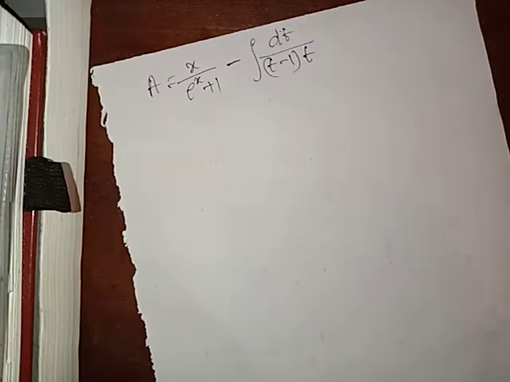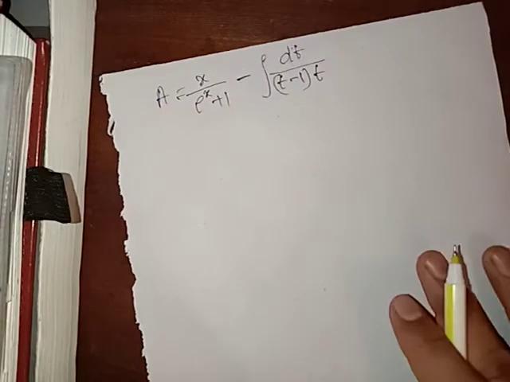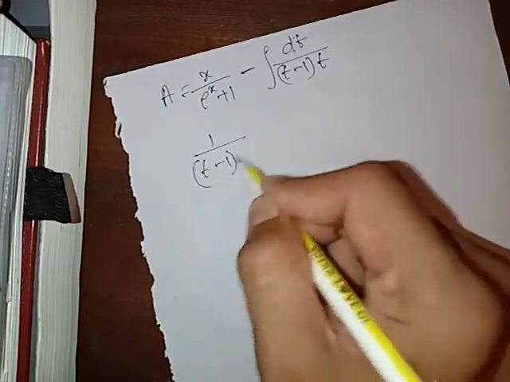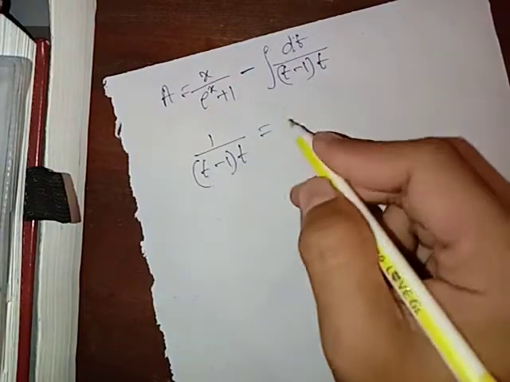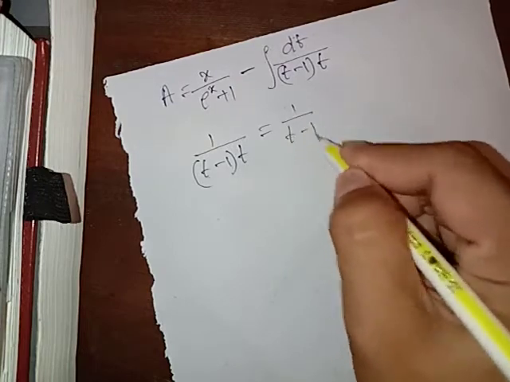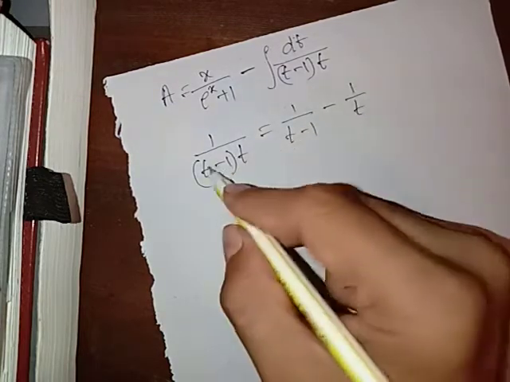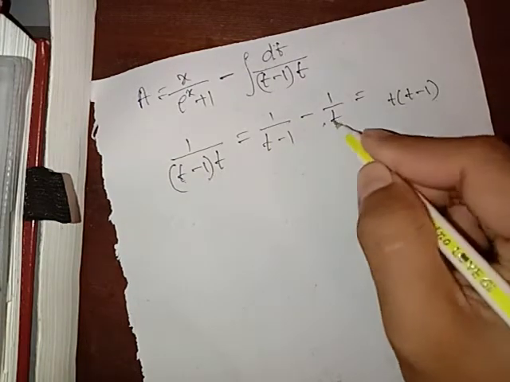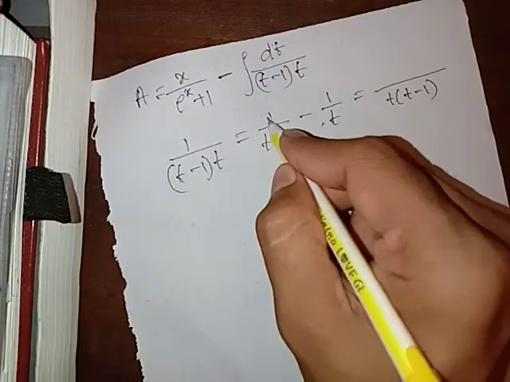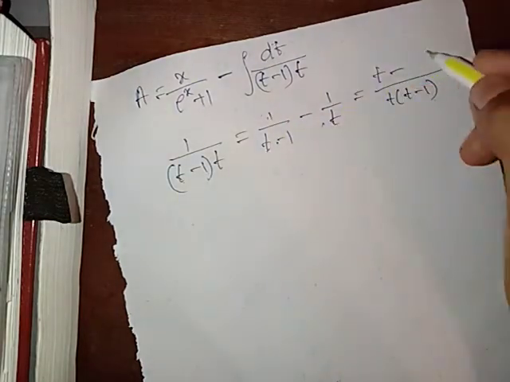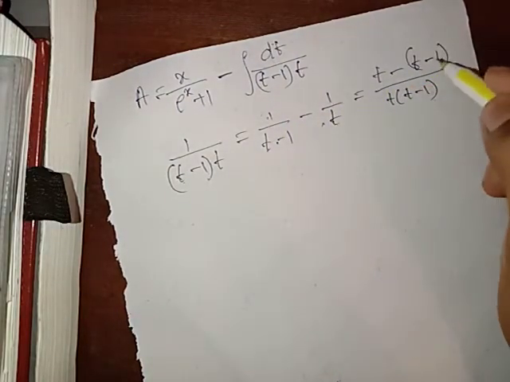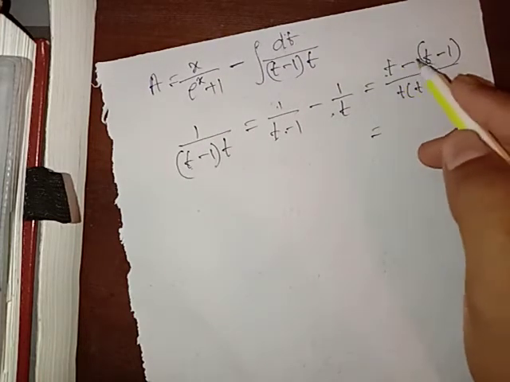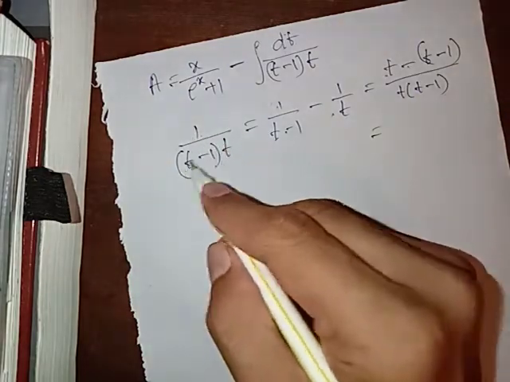So 1 divided by t minus 1 into t, we can write this as 1 divided by t minus 1 minus 1 divided by t. Why? Because if we make common denominator t into t minus 1, t minus t is 0, and minus into minus is plus 1, so it is 1 divided by t minus 1 into t.